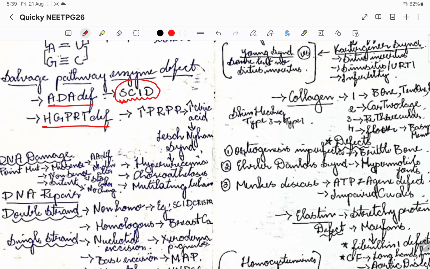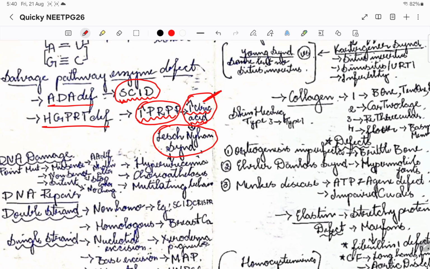Normally when there is HGPRT, the PRPP will be reduced, so there won't be any increase in uric acid. But when HGPRT deficiency is there, it is going to lead to an increase in PRPP, which will lead to uric acid increasing, which leads to a disorder called Lesch-Nyhan syndrome.